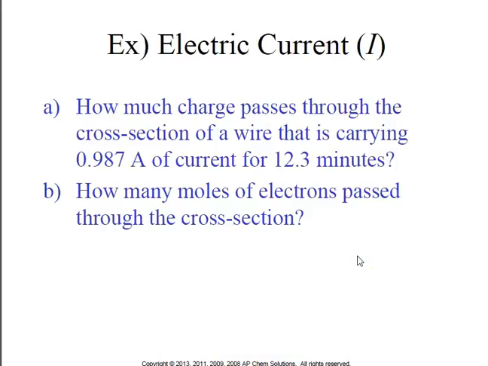Alright, here's an example question that we could use this equation for current. How much charge passes through the cross section of a wire that is carrying 0.987 amps of current for 12.3 minutes?